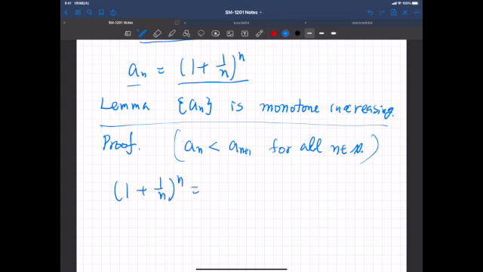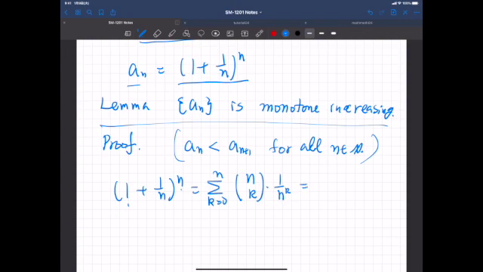Applying the binomial theorem, that's the sum over k from 0 to n of n choose k times 1 over n to the power of k times 1 to the power of n minus k, which is just 1. So we can ignore this.